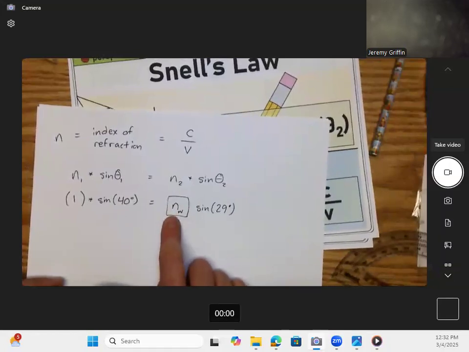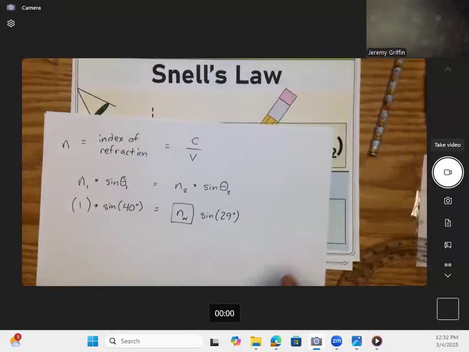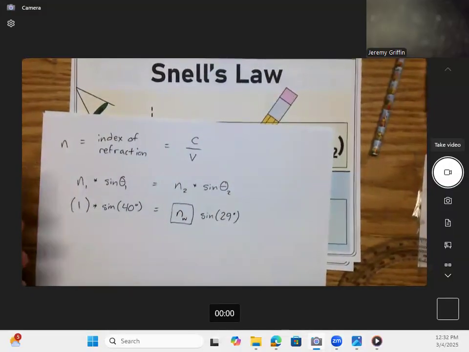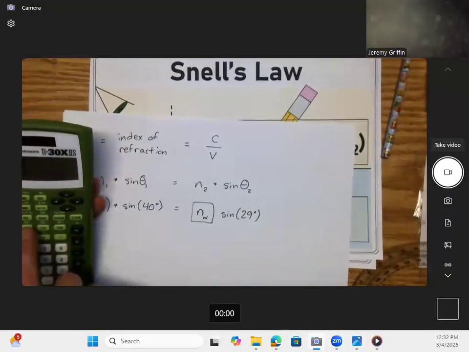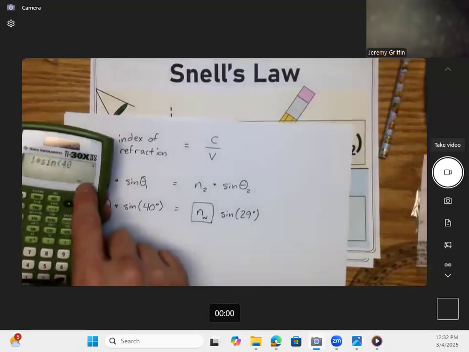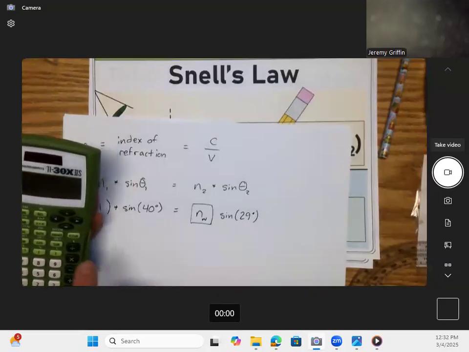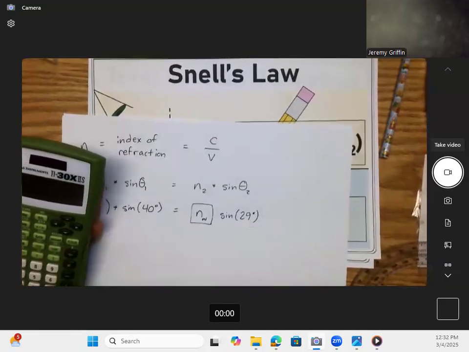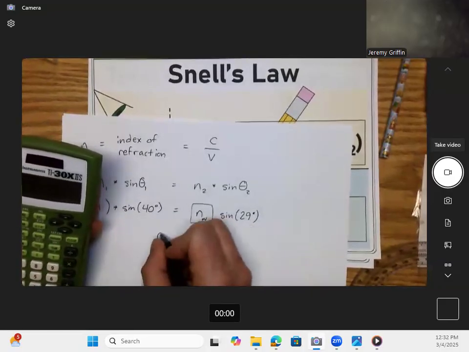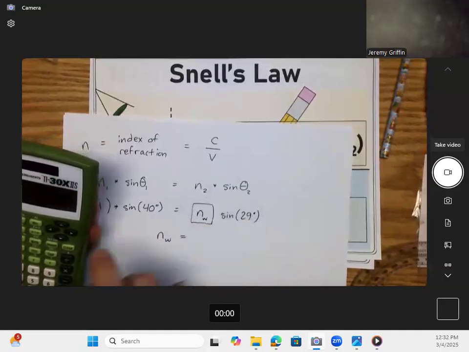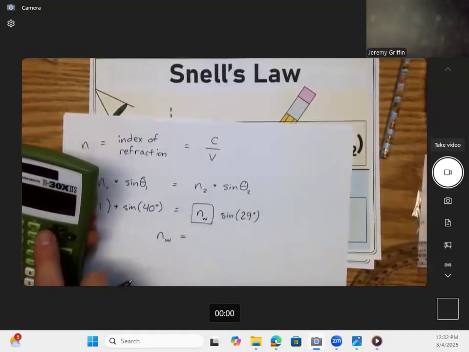Go ahead. All you do is 1 times sine of 40 degrees. Make sure, of course, your calculator is in degrees and not radians. So we're in degrees today. Divide by sine of 29 degrees. I'm getting the index of refraction of water is, where is that?